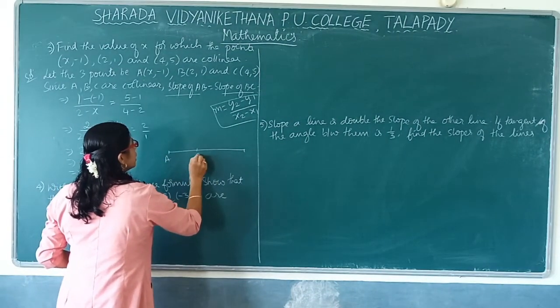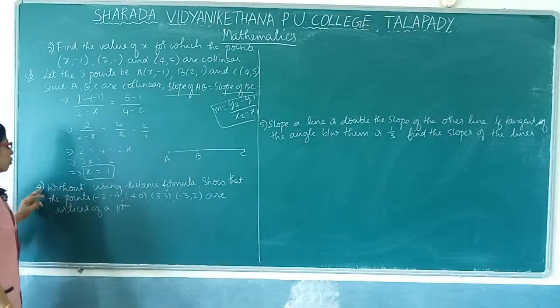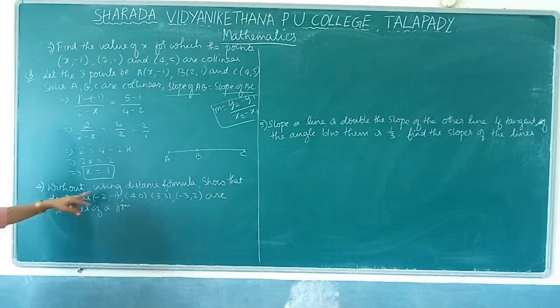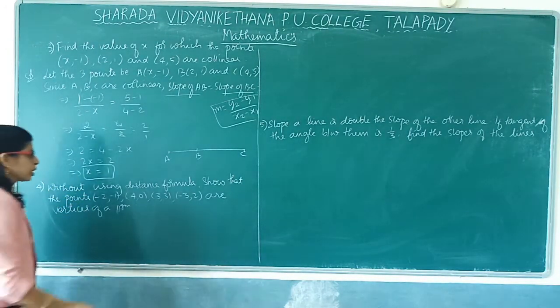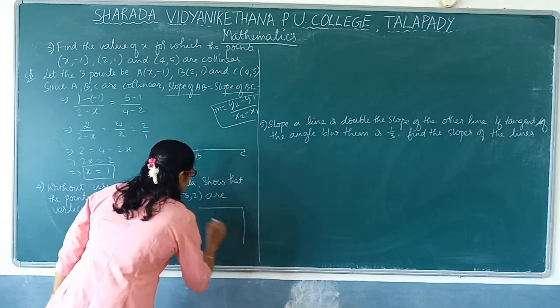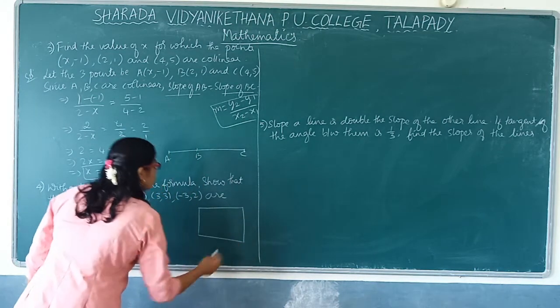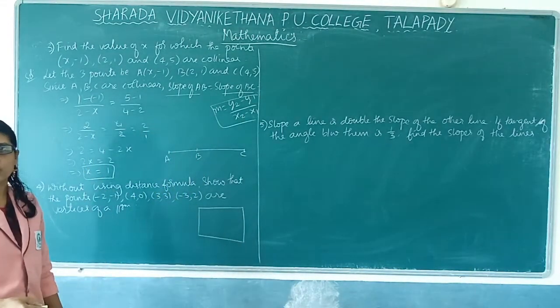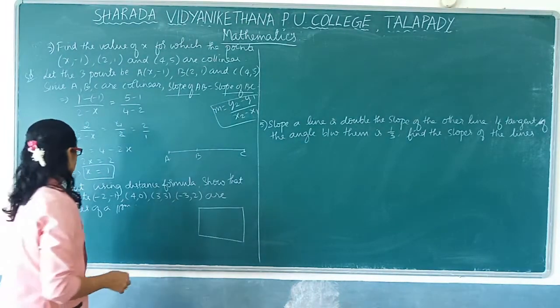A, B and C. Next, without using distance formula, show that the points are vertices of a parallelogram. We just draw a rough figure. We don't know whether it's a parallelogram or not, so we will just draw a quadrilateral, a four-sided figure.